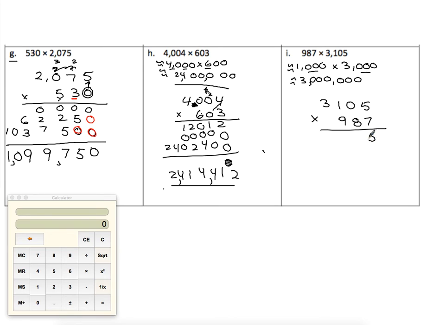Go ahead and multiply these. 35, 3, 7, 21.